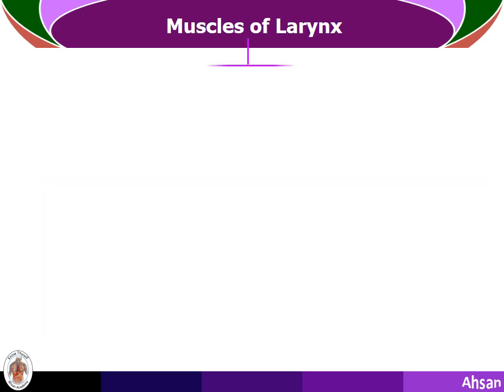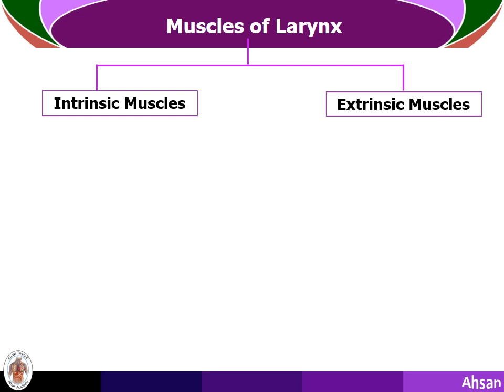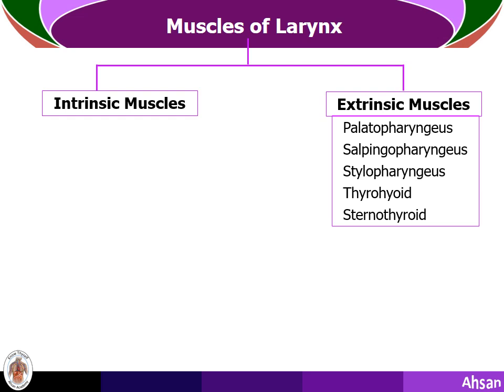The larynx has two sets of muscles, the intrinsic and the extrinsic. The extrinsic muscles extend from outside into the wall of the larynx. The very name indicates their extension, like sternothyroid muscle extends from the sternum to the thyroid cartilage.